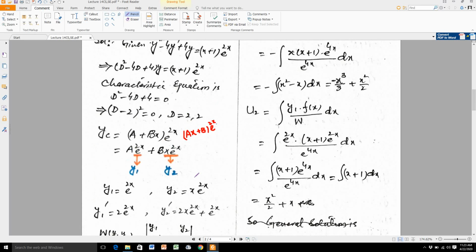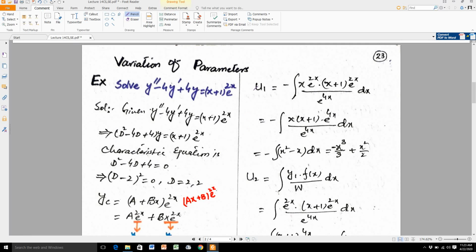Then I substitute the respective values. u1 is equal to minus the integral, I substitute here the value of y2 and then the value of the forcing function, that is x plus 1. You see here x plus 1 times e raised to the power 2x, divided by the Wronskian. What is the value of the Wronskian? It is e raised to the power 4x.